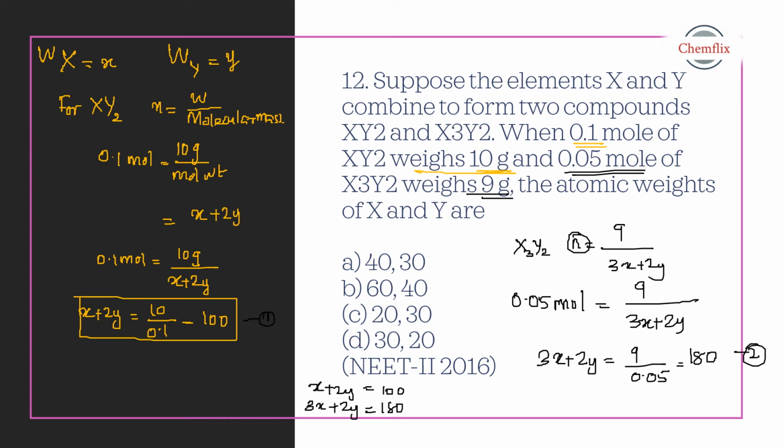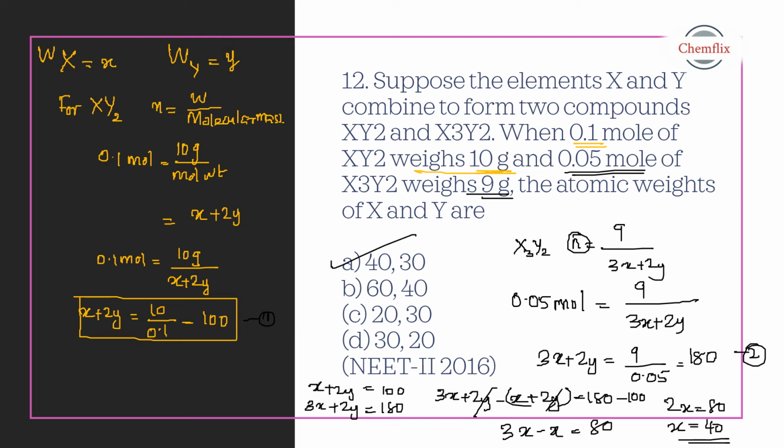So 3x plus 2y minus x plus 2y is equal to 180 minus 100. 2y minus 2y gets cancelled. 3x minus x is equal to 80. 2x is equal to 80, that is x is equal to 40. So x is equal to 40, only one answer, that is option A.